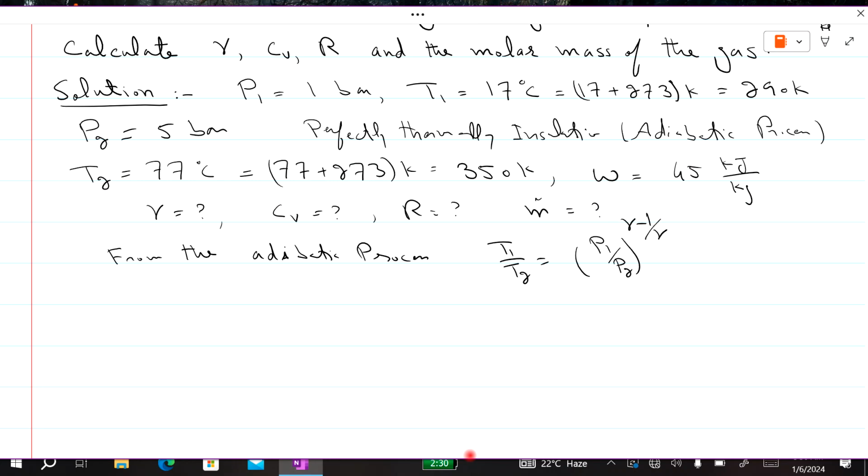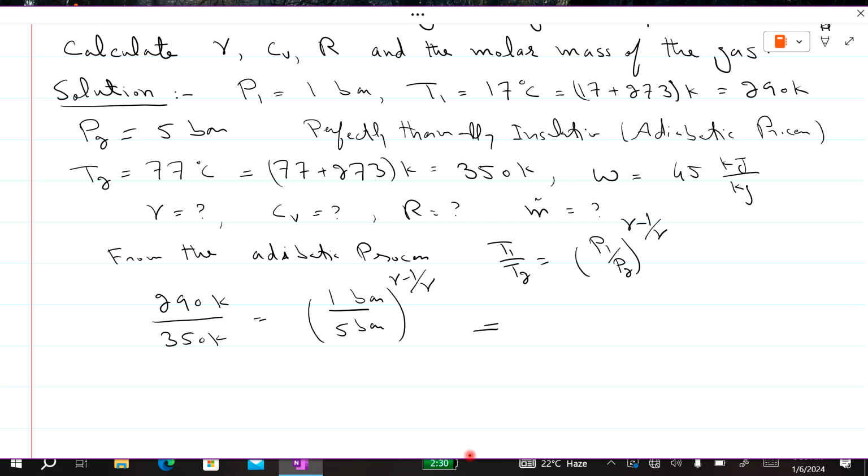T1 is given as 290 Kelvin, T2 is 350 Kelvin, P1 is 1 bar, P2 is 5 bar, and gamma is unknown.